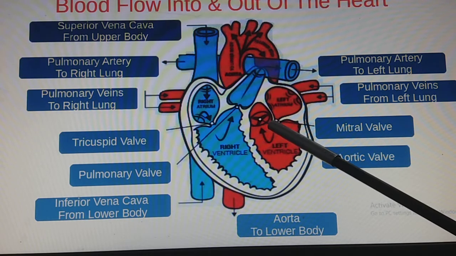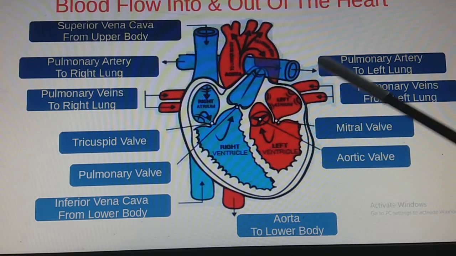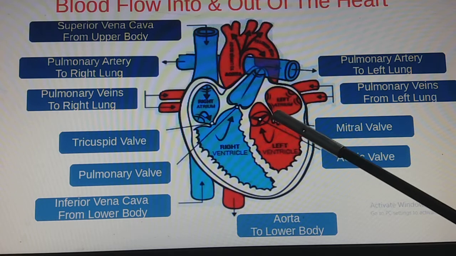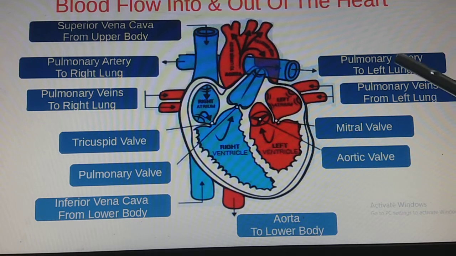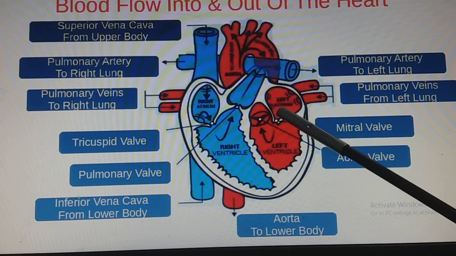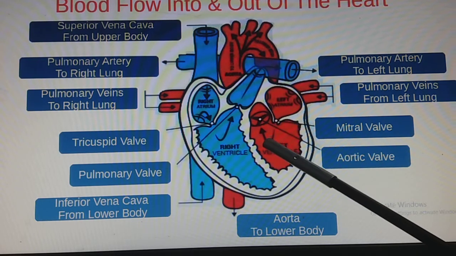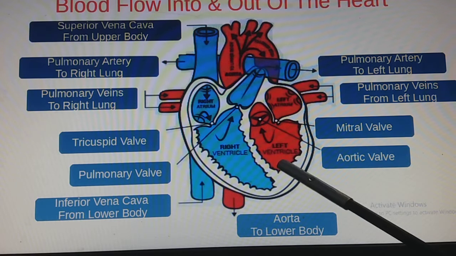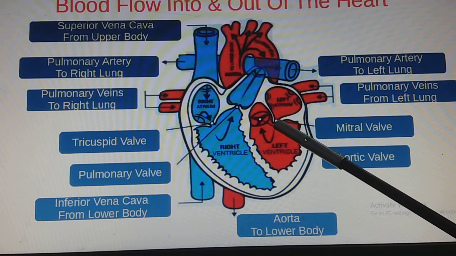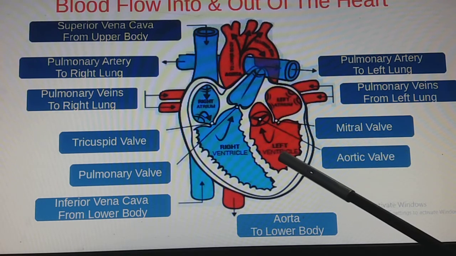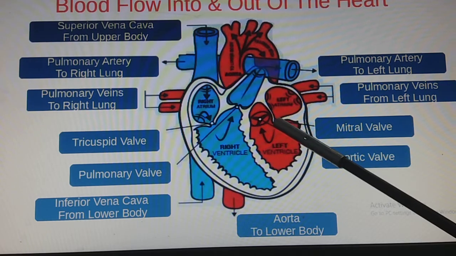The mitral valve is on the left atrium. What happens when the left atrium is filled with the oxygenated blood which comes from the pulmonary veins from the left lung? It contracts and pushes the oxygenated blood into the left ventricle through the mitral valve. When the whole blood is pushed into the left ventricle, the mitral valve closes.